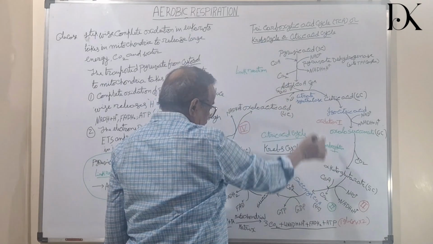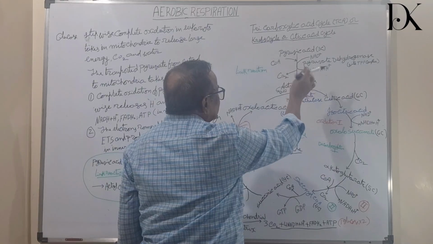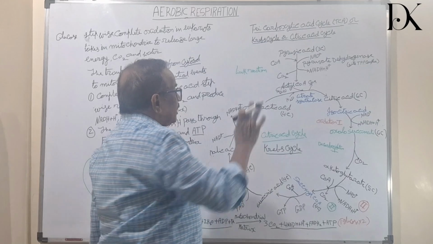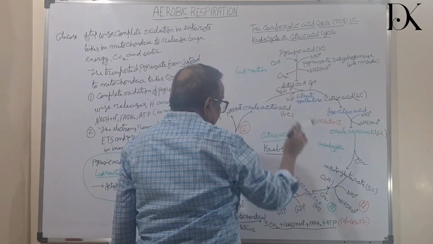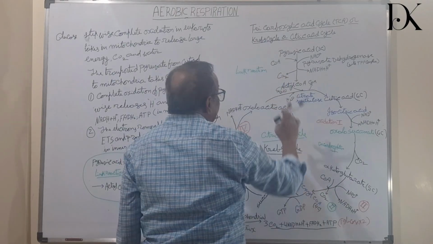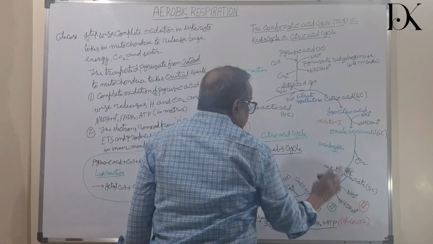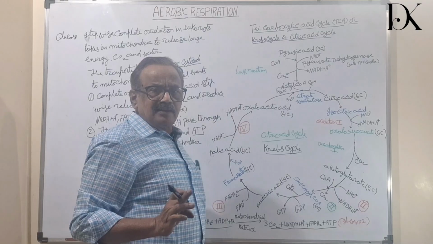Here whatever coenzyme A is incoming, carbon dioxide is outgoing, and NAD becomes NADH plus H plus. If you remember this one, it is the same. By practicing that, it will become very easy.